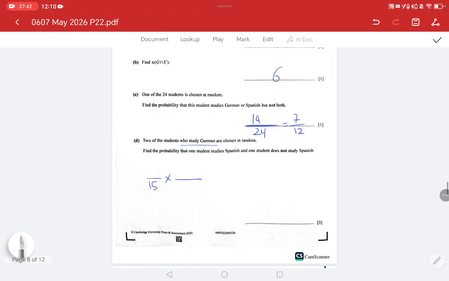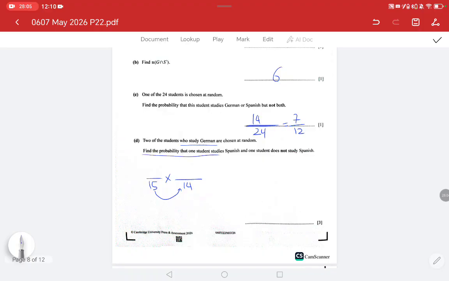So if the first one is 15, the next one will be 14 because one is already taken, without replacement. This is what I said before in the notes about when to take care in the exam: you have to subtract the denominator by 1.